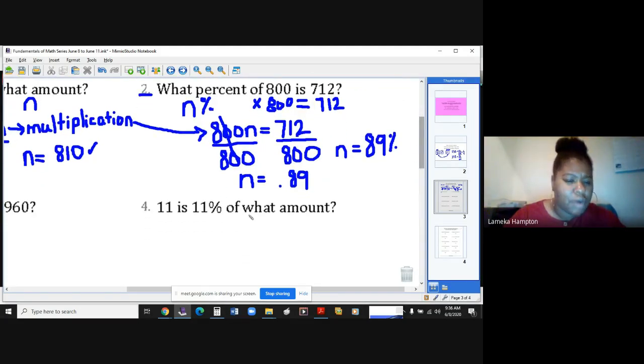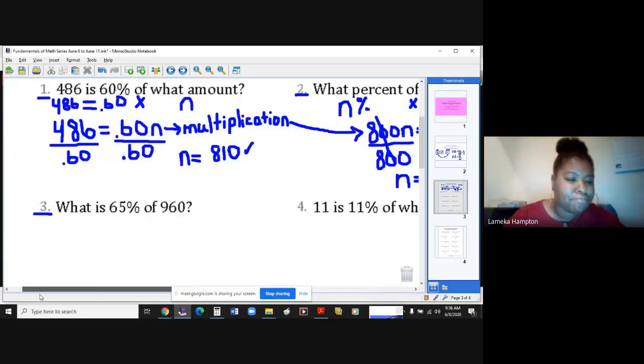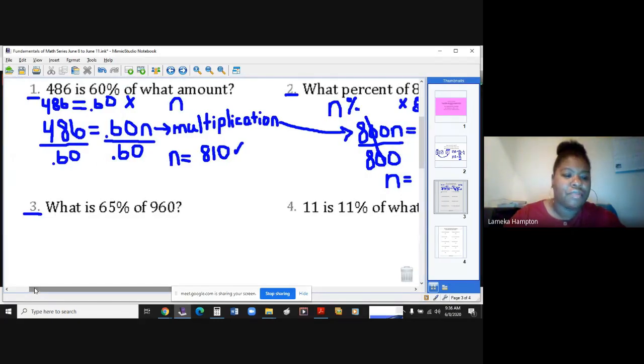So there is one more problem that I would like to do, and then that's going to be that. Now, number 3 is just a simple multiplication problem. And the reason why is because, again, I have of. But the good news is my what is going to be my answer.